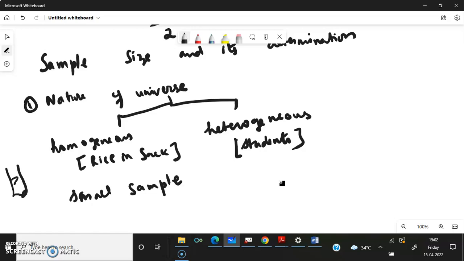Suppose you are having a sack of rice. You can take a handful of sample.